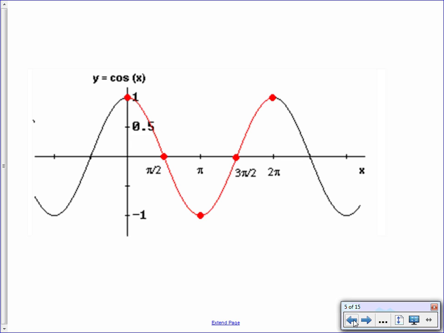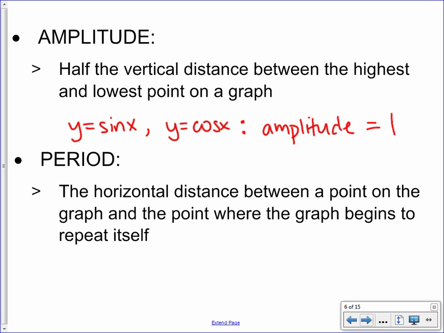We need something to describe the length of our graph, because you notice that this chunk is just going to repeat over and over and over again. So the period is referring to the horizontal distance between a point and the next point where we're going to start to repeat.